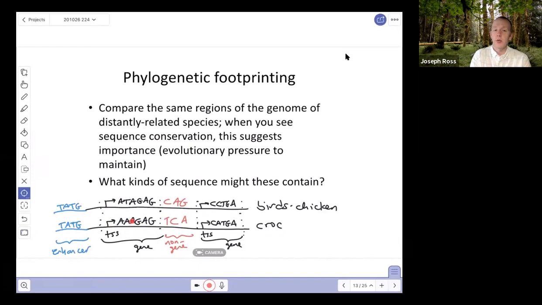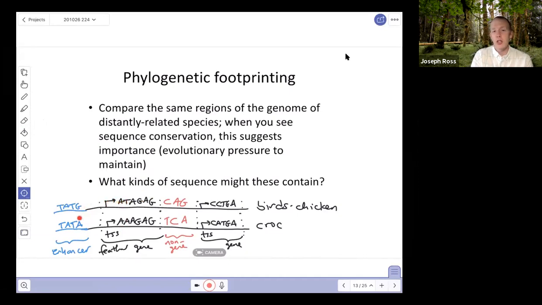So if this first gene was the feather gene, let's say that here the enhancer sequence in the crocodile is TATA. If TATG is important for transcription factor binding and the initiation of transcription of the feather gene, that works in birds, which we would expect because birds have feathers.